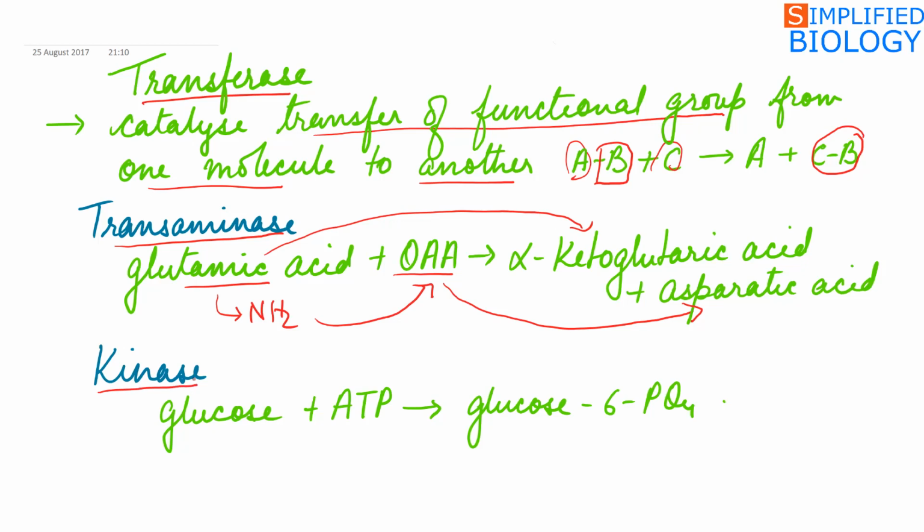Kinase enzyme is used wherever ATP is being used or is being formed. Kinase enzyme catalyzes the transfer of phosphate group from ATP to glucose to form glucose 6-phosphate.